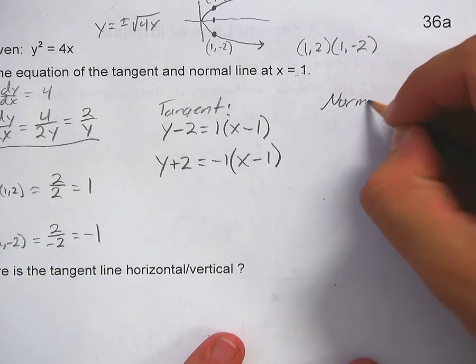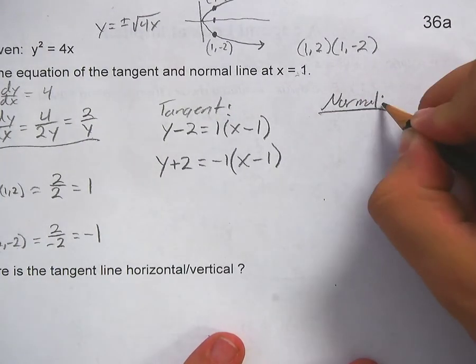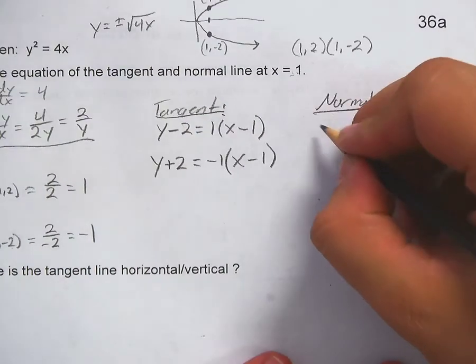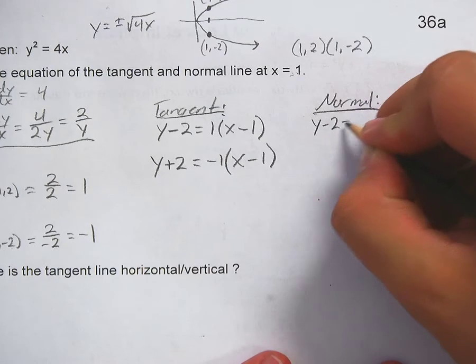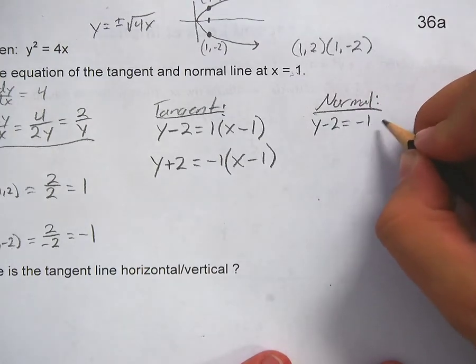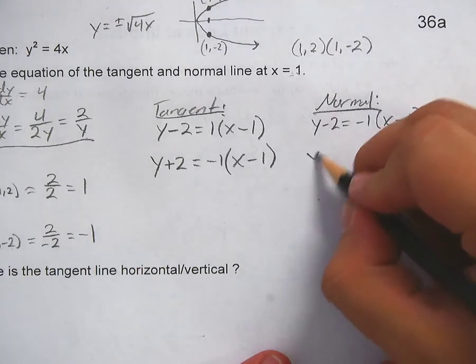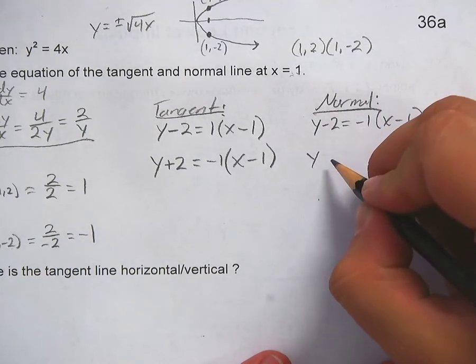Normal lines. That's going to be the same values. The only thing that's going to change is that the slope is going to change to the opposite reciprocal. Now this makes it pretty easy because your slope is 1 and negative 1.